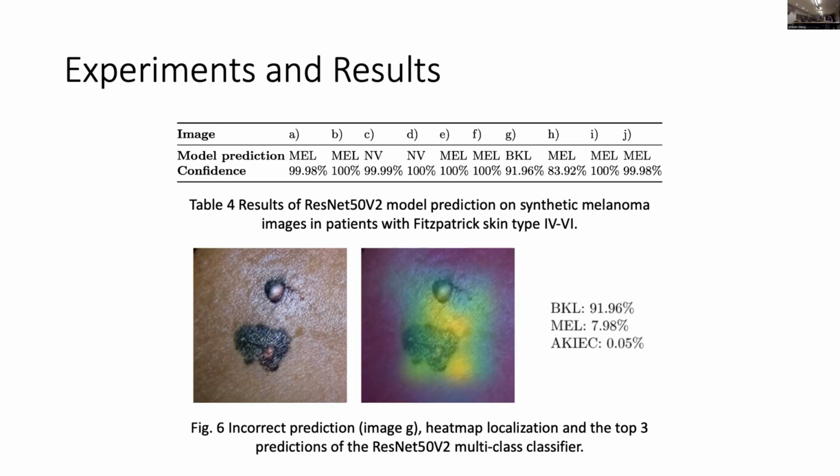The heat map localization shown in the figure below suggests that the classifier might face issues with multiple findings on the individual image, or when the spatial distribution of the melanoma is irregular. The prediction results, together with high confidence, may suggest that the synthetically generated data possess some of the characteristics typical for the diagnosis of melanoma.